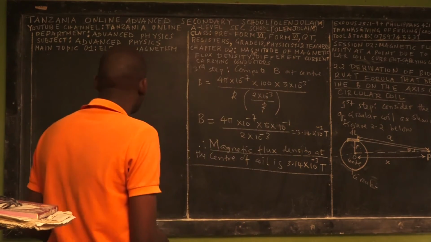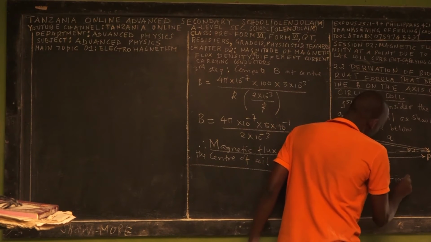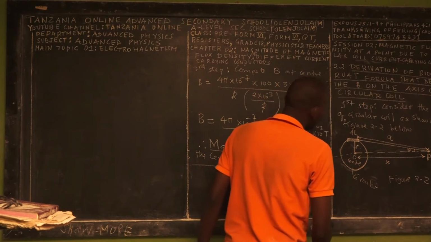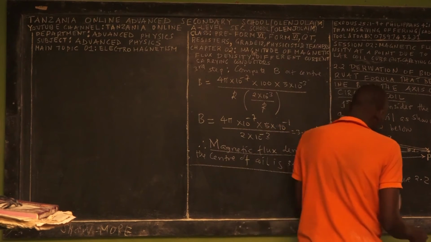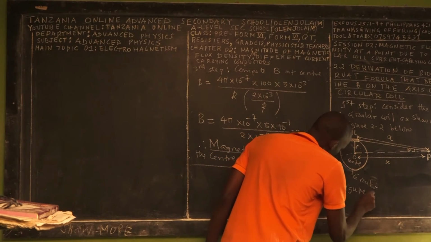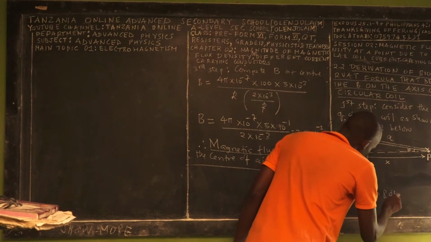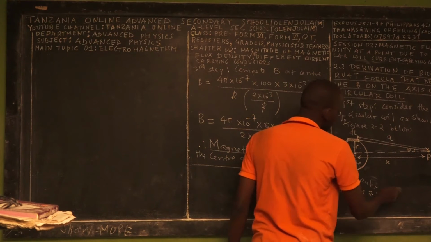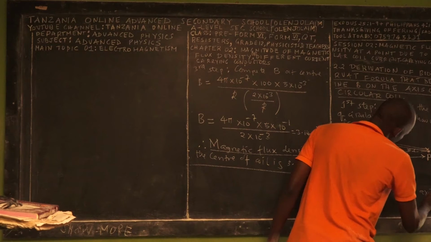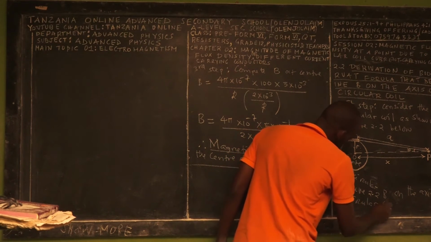Physics is simple. Very simple for you. So figure 2.2 shows the magnetic flux density on the axis of a circular coil.